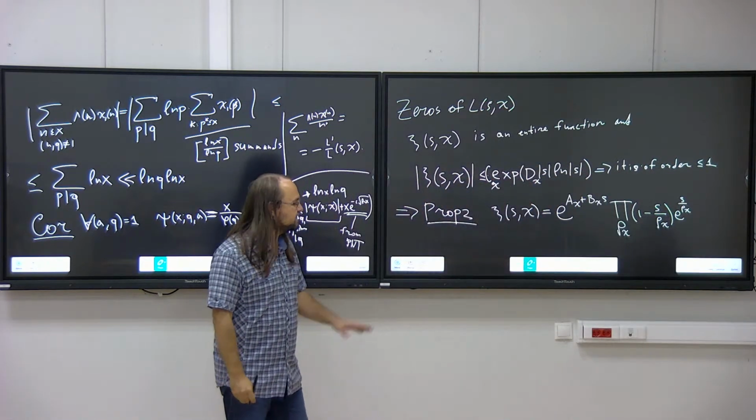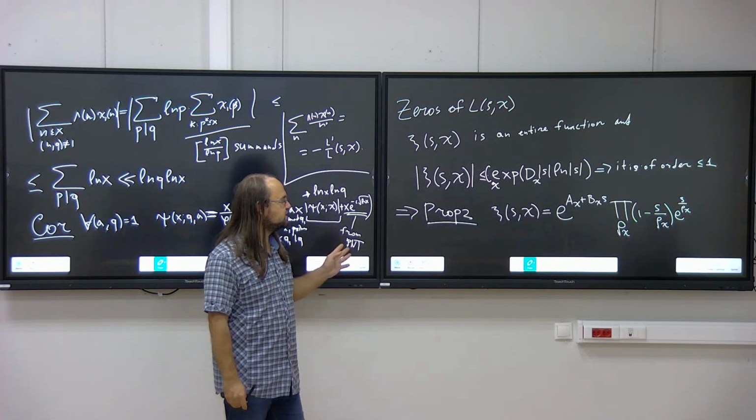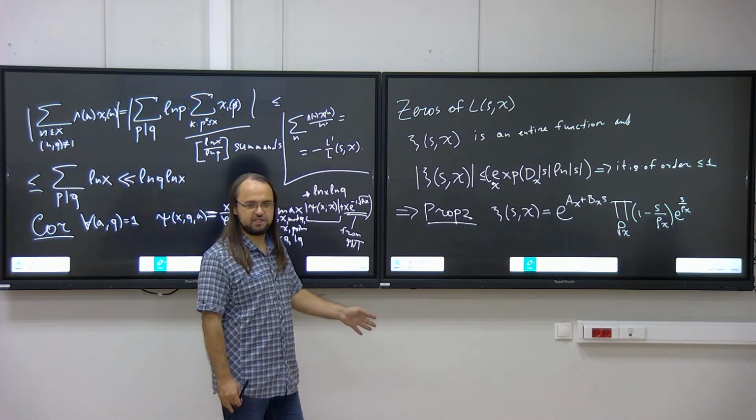Okay? So this expansion is just a trivial consequence of the Weierstrass factorization theorem.